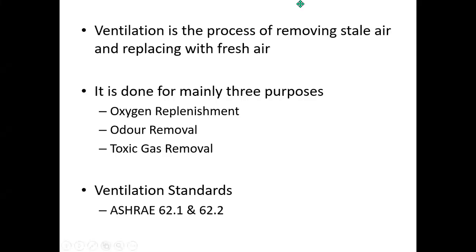Ventilation is a process where stale air is removed and replaced with fresh air, isn't it? This is what we studied in the primary sessions itself. So once again, a small recall: ventilation is the process of removing stale air and replacing it with fresh air. It is done mainly for three purposes: oxygen replenishment, odor removal, and toxic gas removal.